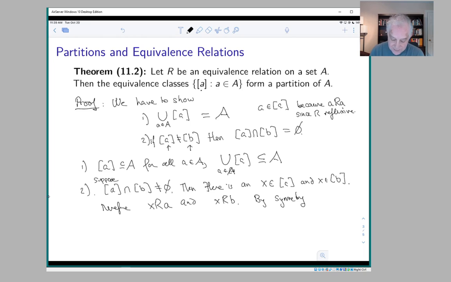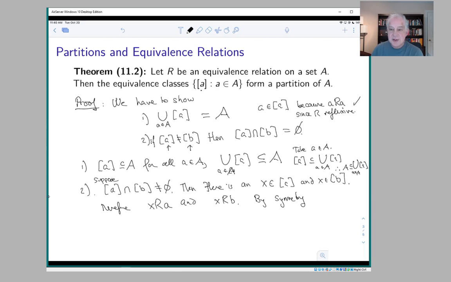And so I proved that this is a subset, but I didn't prove equality. To prove that they're equal, I take an a in A, and then the equivalence class of that a is contained in the union of all [a]. And therefore, a is contained in the union. My apologies, I skipped a step. So we used reflexivity up here.